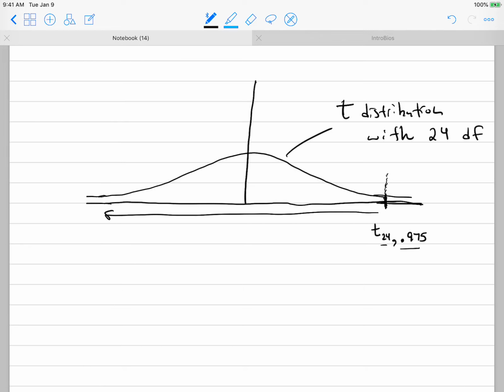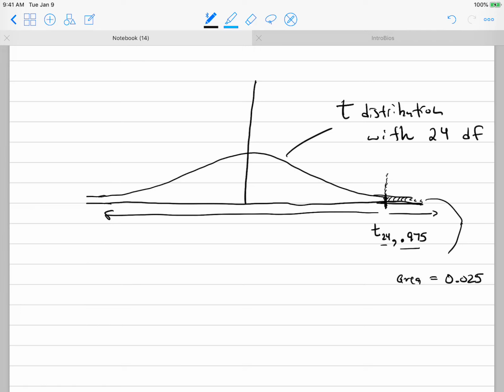So since probabilities should add to 1 for complementary events, it means the area to the right of this should be 0.025. So I'll just write that area is 0.025.